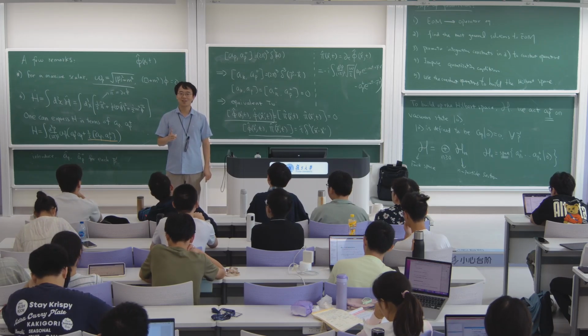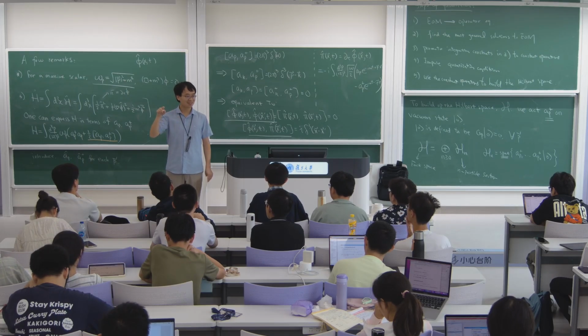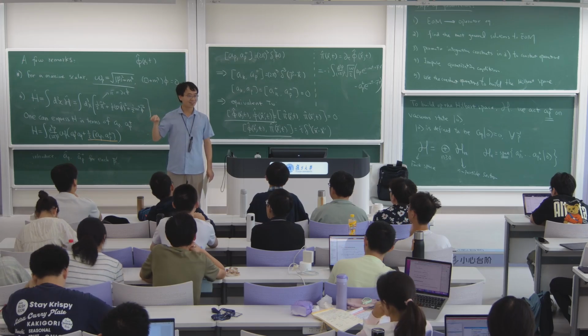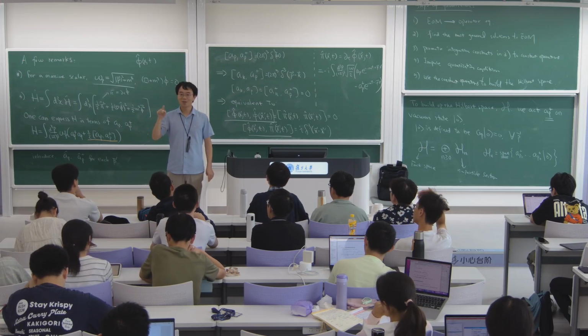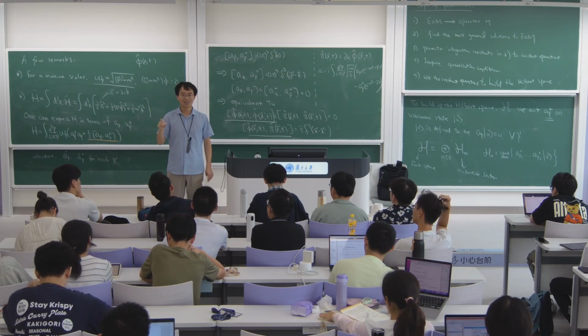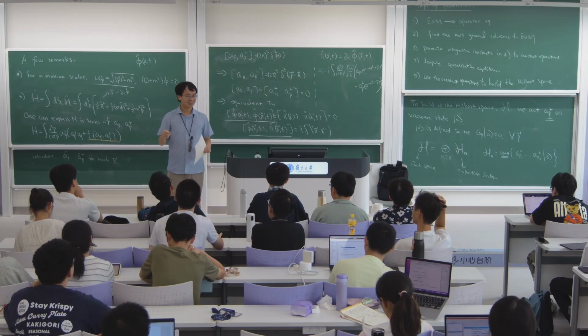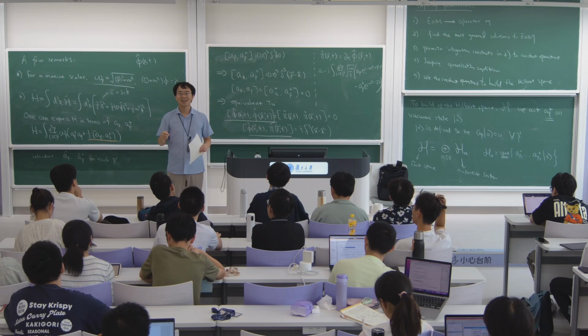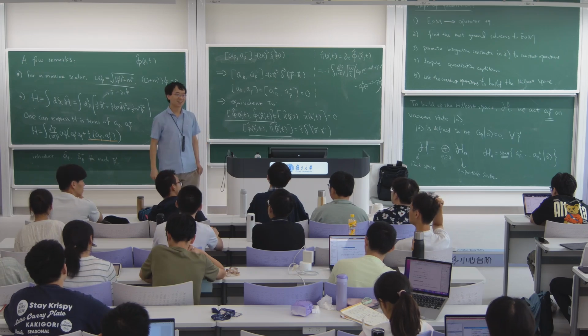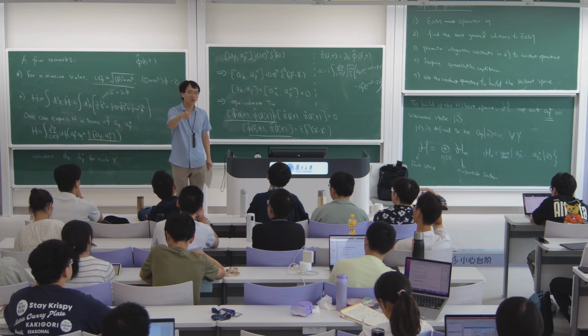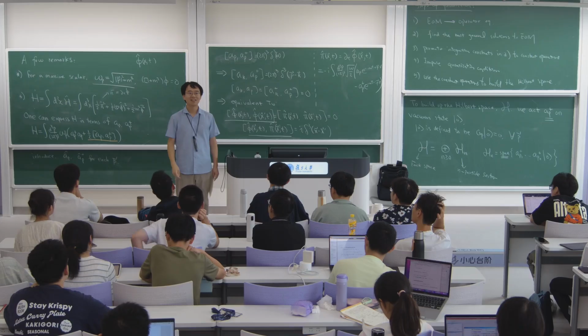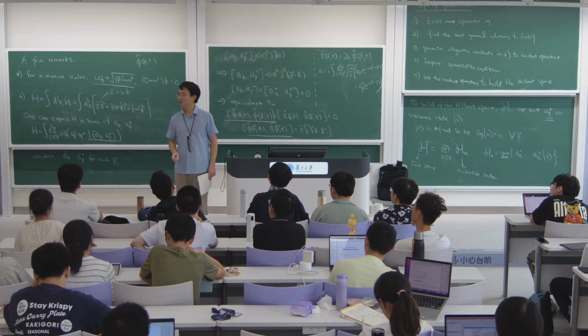One definition for the delta function is the integral of e to the i p x over x. Now you set p equals 0. What is that? Just the integral of d^3x. It's just the pure space integral. And physically, what does it mean?